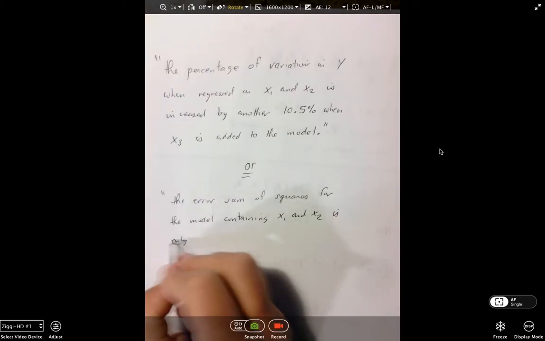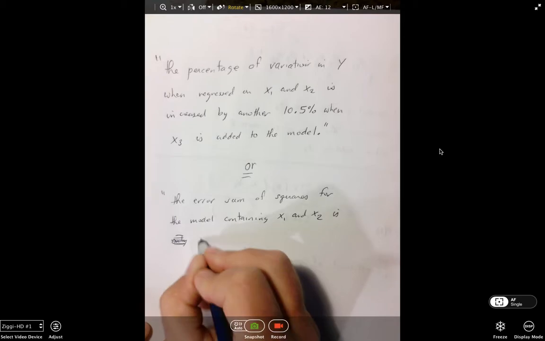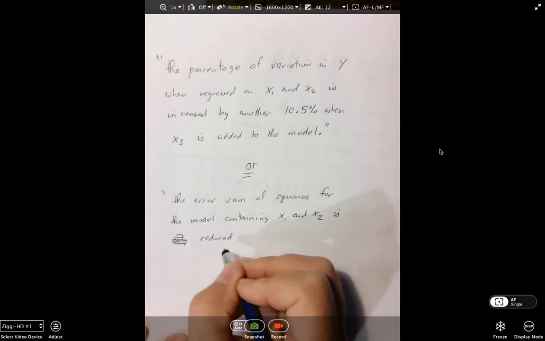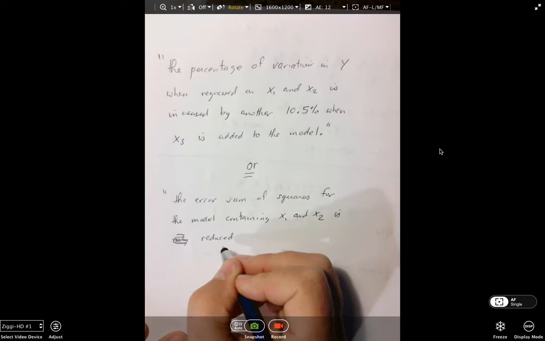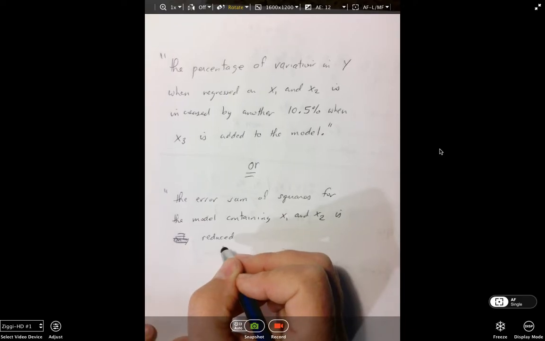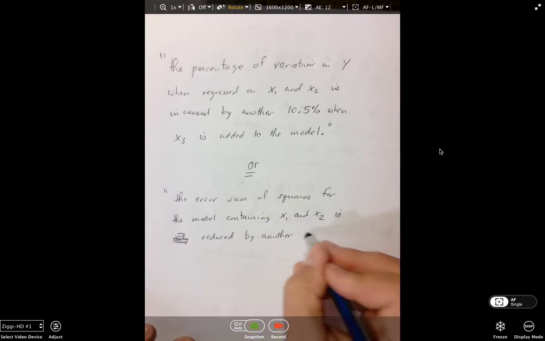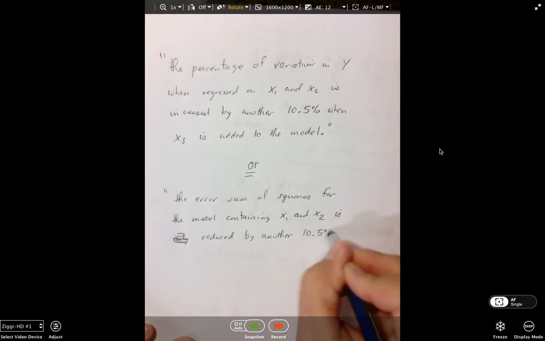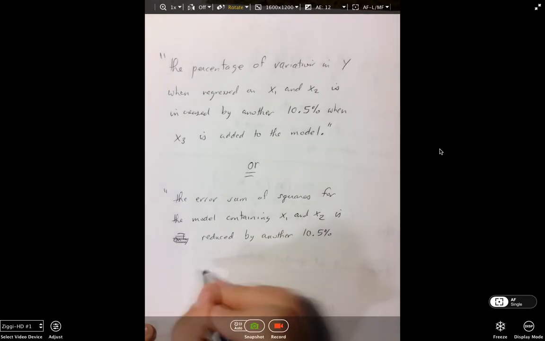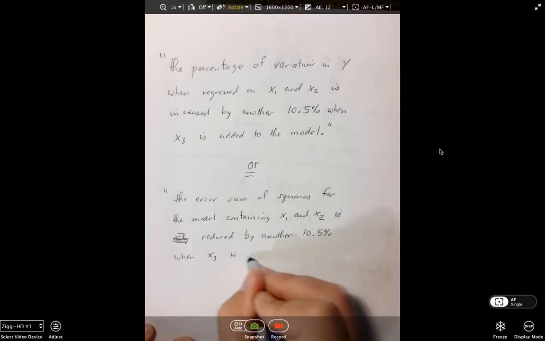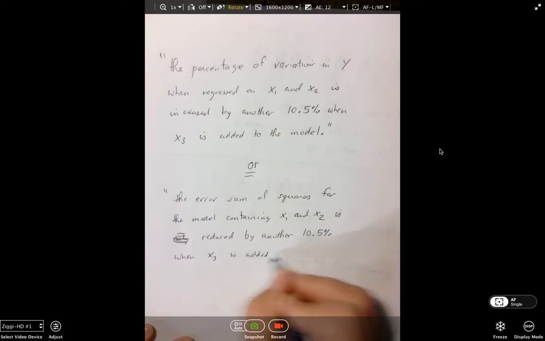I don't like the word "only" because that's kind of leading, so let's keep interpretations more vague in general.